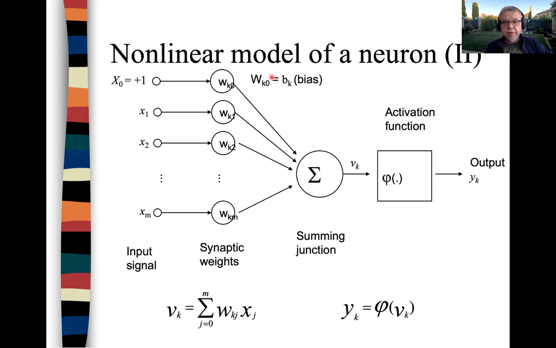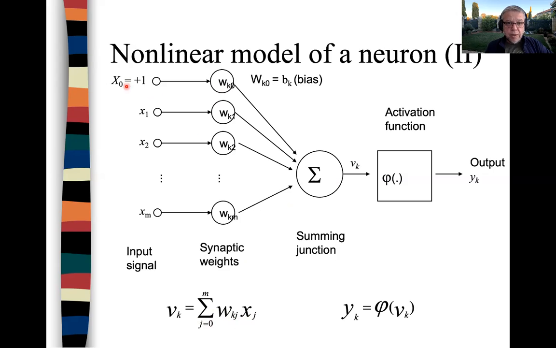Another model is where you have your bias as W0, okay? So it's just like if you have an input here, X0 with a value 1, and then your bias W0, and so instead of having plus B here, you have VK, this is the sum of Wkj xj.